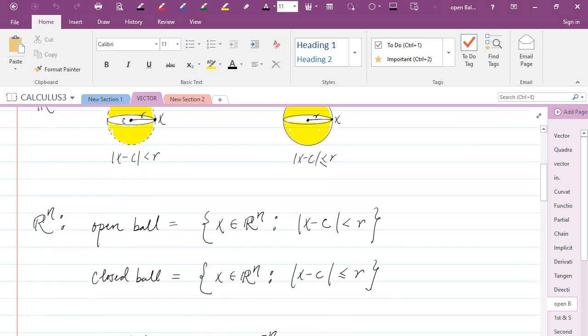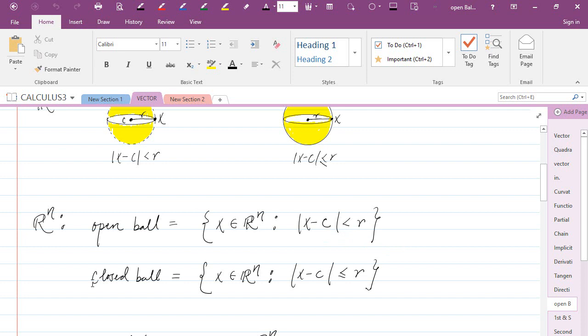So generally, what is an open ball? In R to the n, an open ball is the collection of all x in R to the n such that the distance from x to some c is strictly less than r, where c and r are fixed.